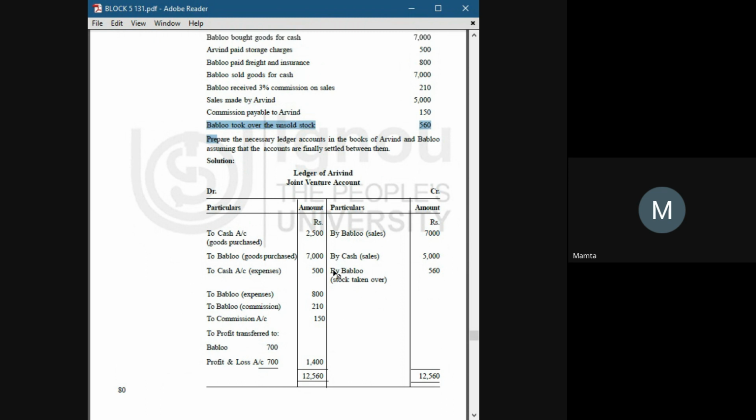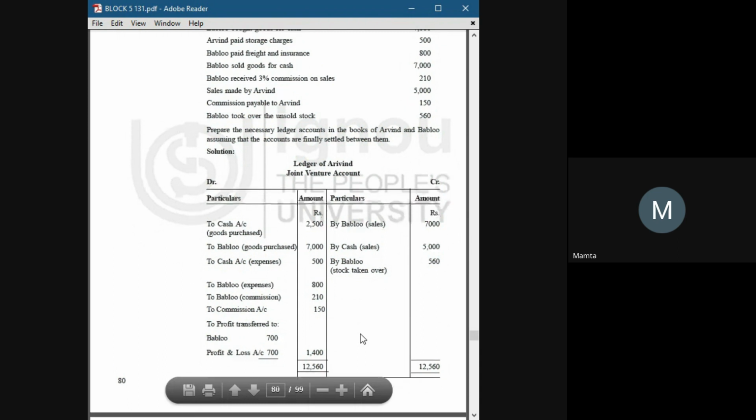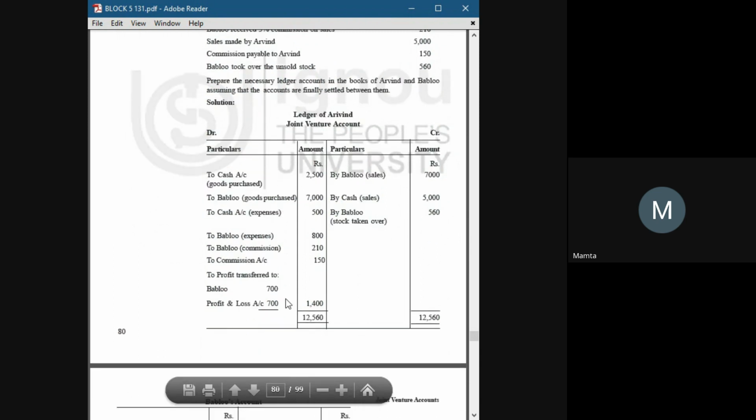And here is the entry, 560, 560. When you calculate both sides, it will show a credit balance, meaning the credit side is bigger than the debit side. To create a balance between debit and credit side, you need to add this 1400 amount under the name of profit, and this should be distributed between Bablu and Arvind.